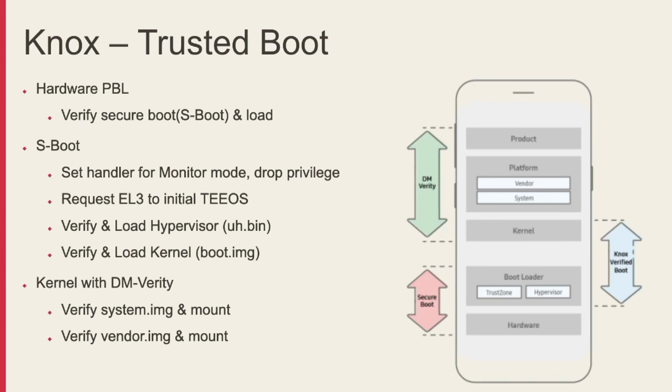Next, Secure Boot will launch the boot image or the required image if its signature is valid. If the signature is not valid, Secure Boot will boot the image with an additional action, which is blowing the Knox bit.